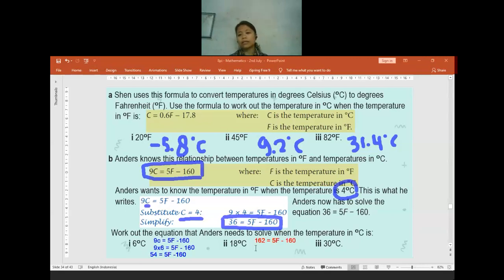Is there anyone who got a different answer or is confused? No confusion? Okay, let us continue to question 10b3, the last question. What equation will I have when there is 30 degrees Celsius?